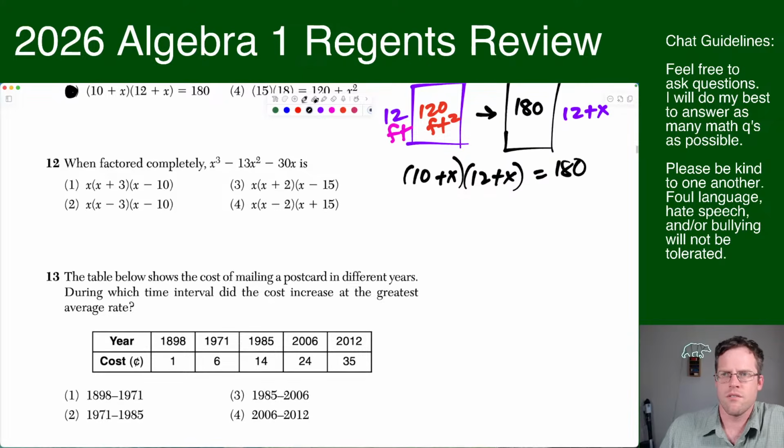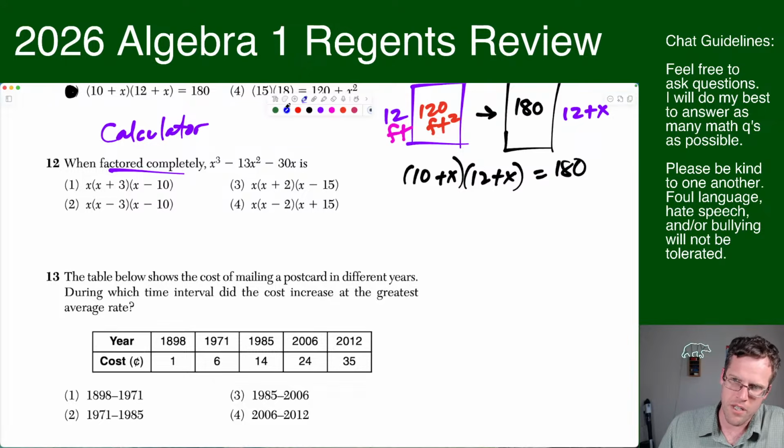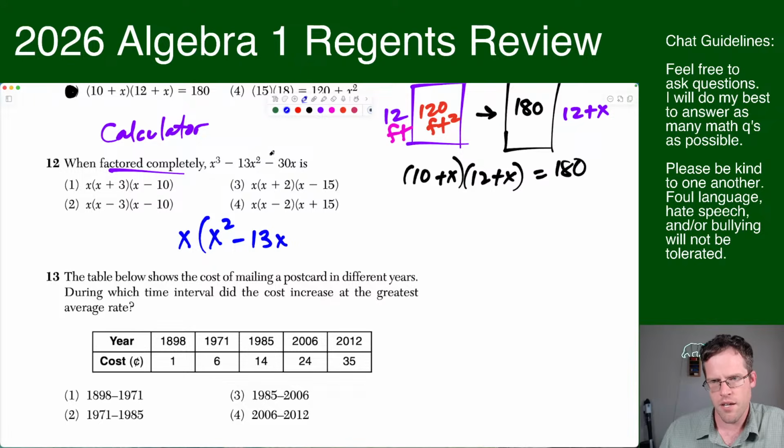So let's see. We have when factored completely. So this is also like all calculator. Type in the question and all the answer choices. But let's say I actually want to do this myself. I would factor out an x, and then that would make x squared minus 13x minus 30.